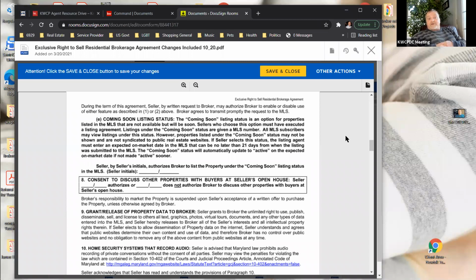We as agents cannot be party to letting the property be shown to other buyers or agents. It cannot be shown, period. That's the point of the sentence. If it's in coming soon status, we can't let it be shown. End of statement. Anybody have questions on that?